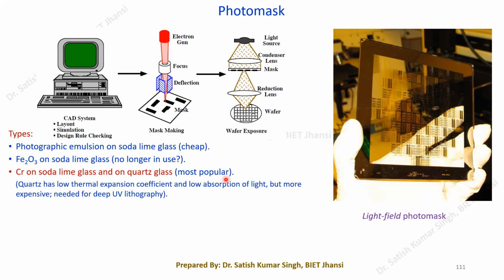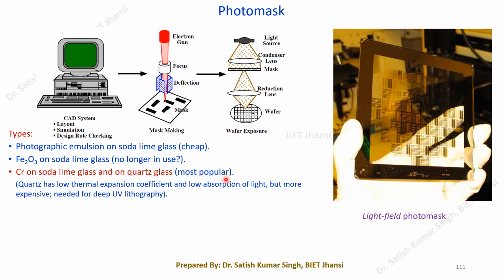If the features become unstable, or expand, or the gaps between the different features change, then it is of no use. So we have to take care while choosing the material. Chromium and quartz have a very low thermal expansion coefficient, so that's why we are using them.